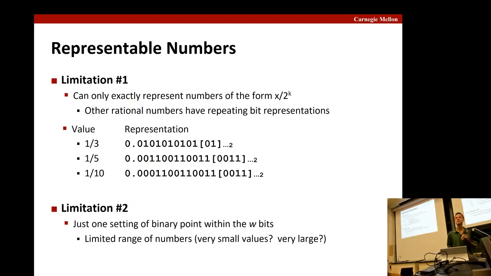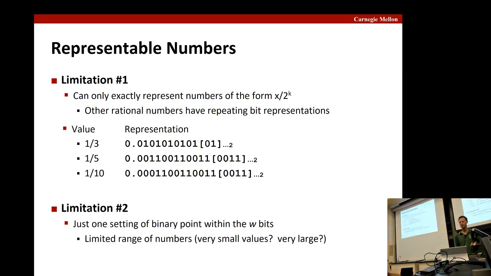But if I wanted to represent something like a third, it ends up never dividing evenly. So it ends up being this repeating sequence of 0 1 0 1 0 1. And similarly, a fifth ends up being this repeating sequence of 0 0 1 1 0 0 1 1 0 0 1 1, and a tenth is that same sequence just shifted over because you've divided by 2.